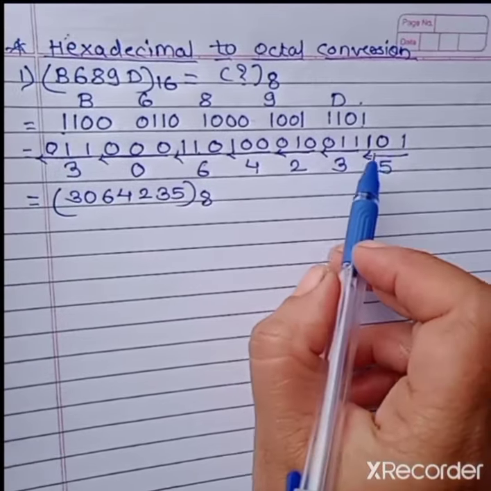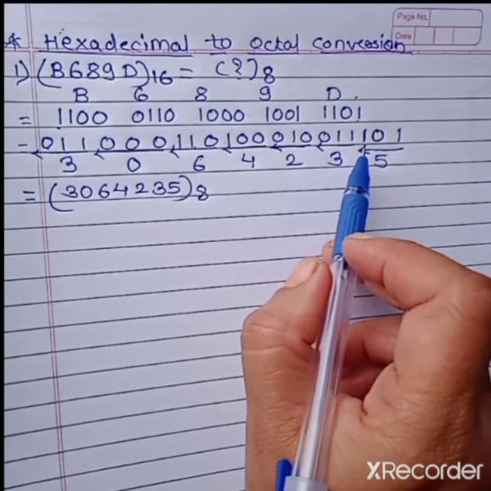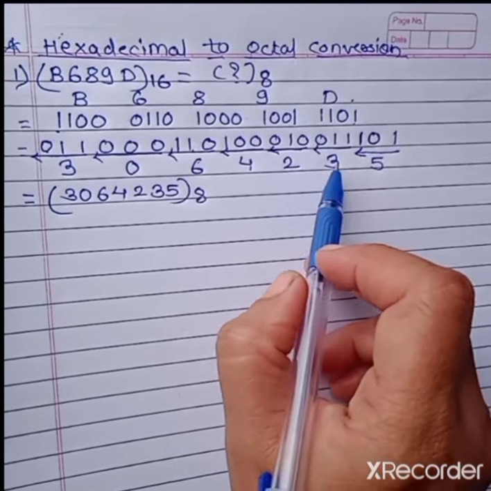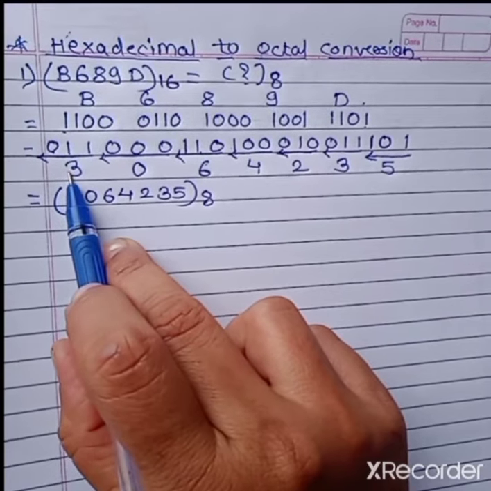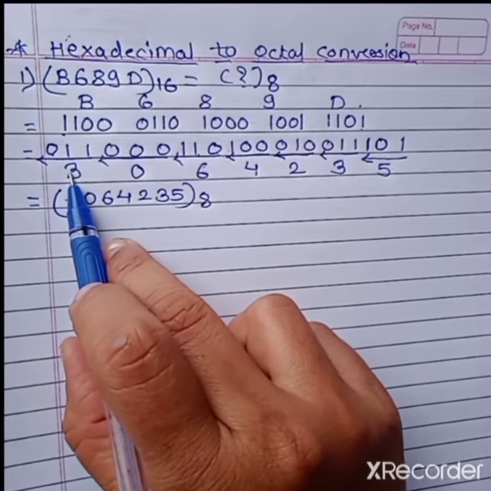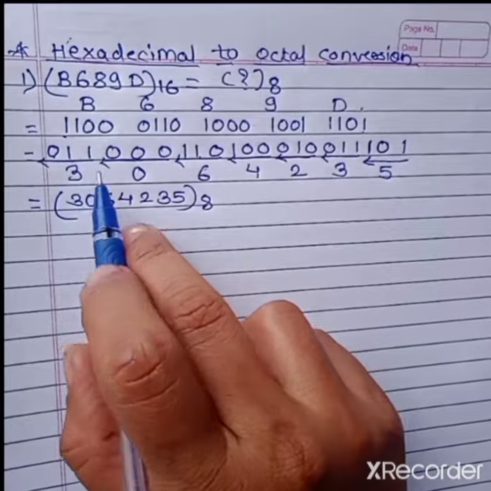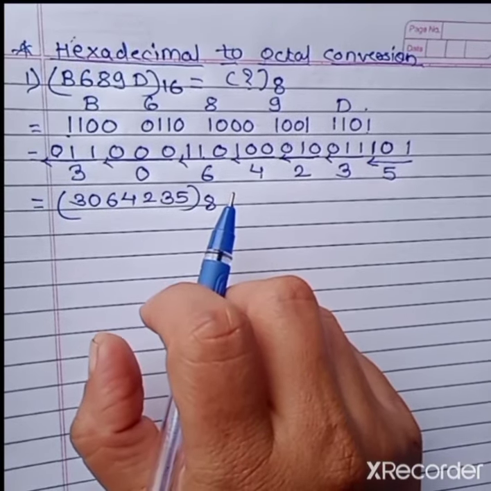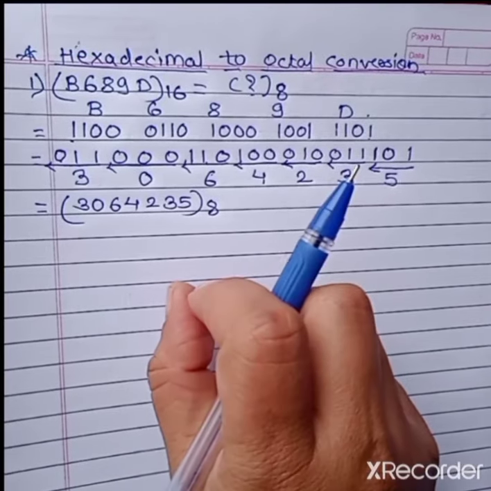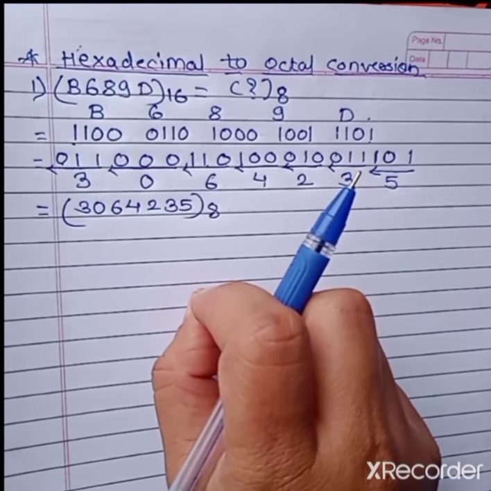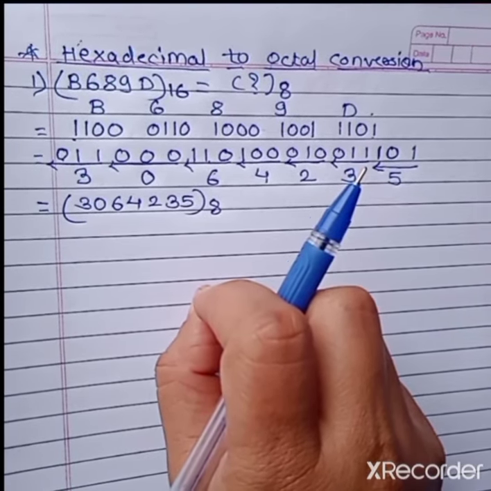Then we converted each 3-bit binary into decimal, or you can call it octal, because the decimal numbers 0 to 7 are equivalent to the octal number system, right? And that we have designed in our 2-bit, 3-bit, 4-bit binary tables. So please go through that table, so you will easily understand how to do this.